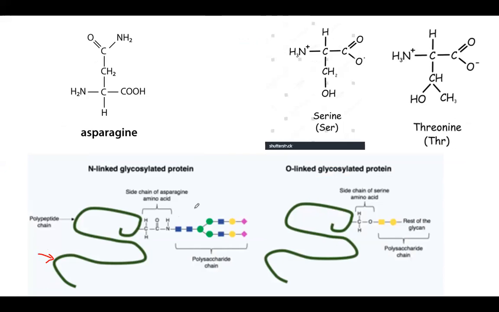So glycoprotein means mostly protein with a small amount of sugar. So this is the protein, and I have a small amount of sugar, and we call this entire structure a glycoprotein. Is that clear? Yeah. Okay, were you here for the N-linked and the O-linked?